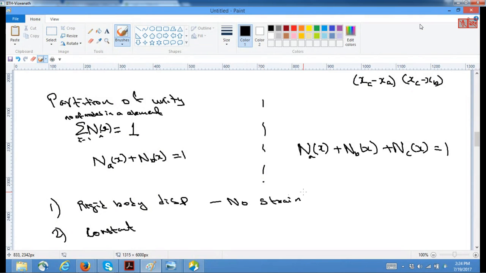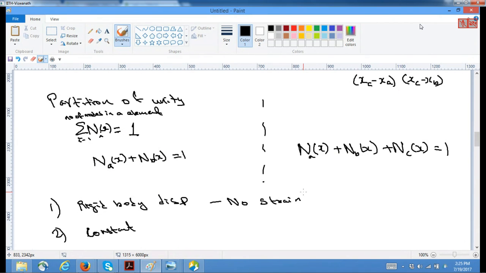Rigid body displacement is like if you take a pen and you are just moving it, and every point on this is moving by the same amount. So the displacement at any given node is the same. That means no point has a relative displacement compared to the other, which gives you no strain.